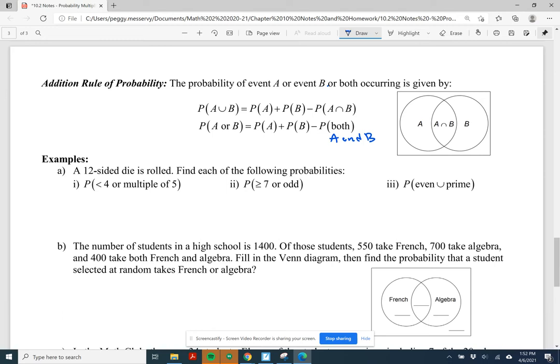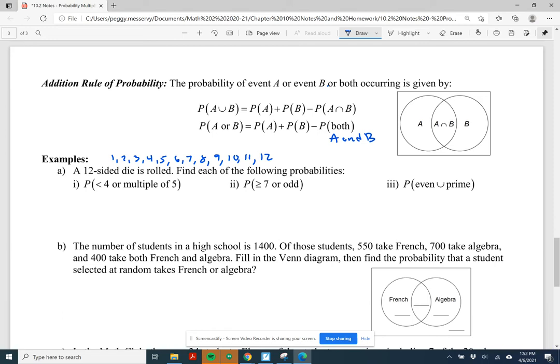All right. So examples. A 12-sided die is rolled. Find each of the following probabilities. Notice it's 12-sided, not 6, 12. So our die has 12 sides. I'm going to list the numbers. 1, 2, 3, 4, 5, 6, 7, 8, 9, 10, 11, 12.